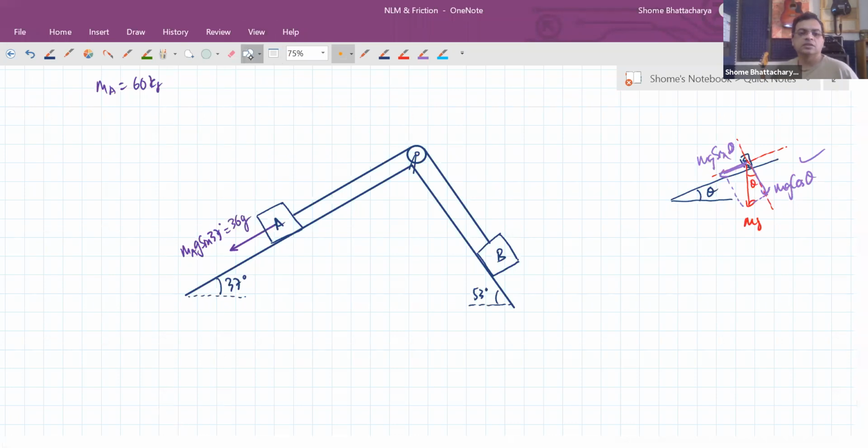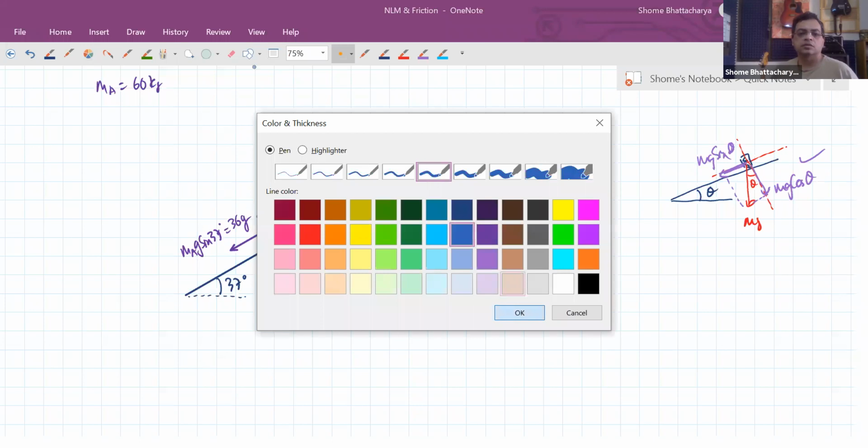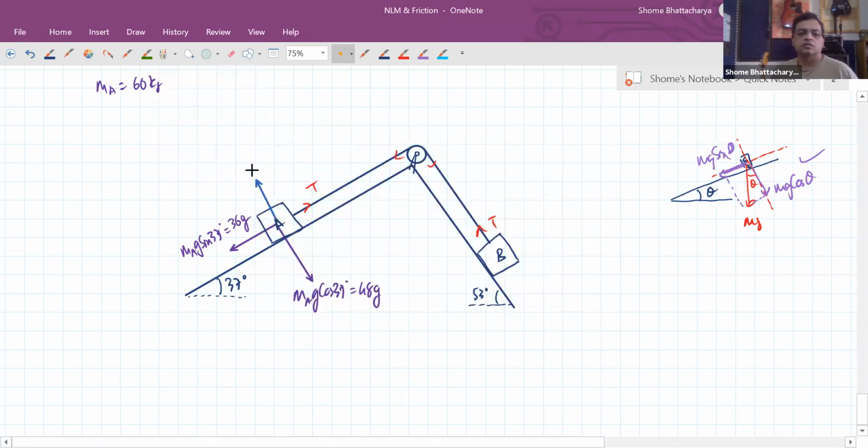Whereas this component will be cos 37, so that will become 48g. Apart from that, there will be tension acting on this. And apart from that, there will be normal contact force acting like this.